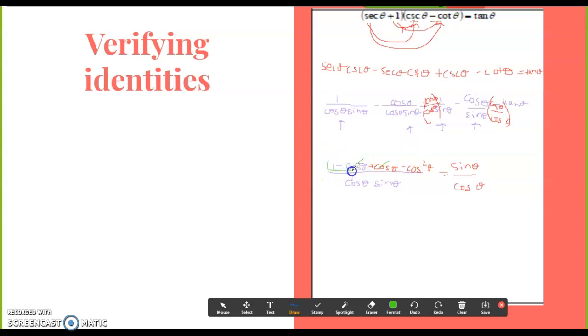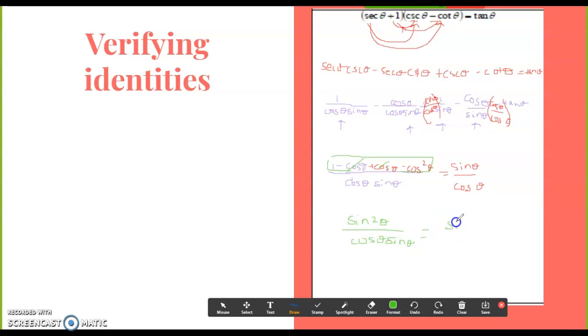And if I think about it, 1 minus cosine squared theta equals sine squared theta. So that's sine squared theta over cosine of theta, sine of theta.